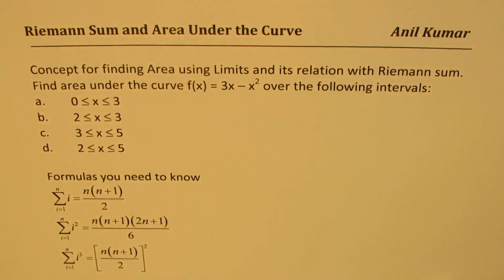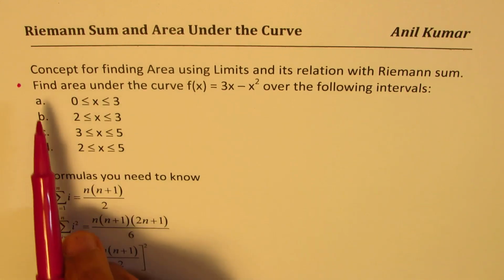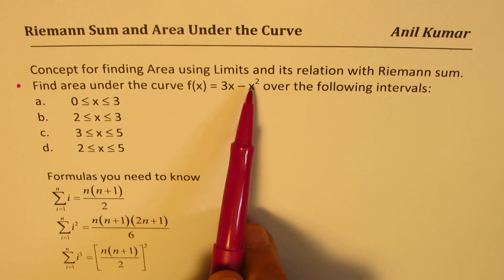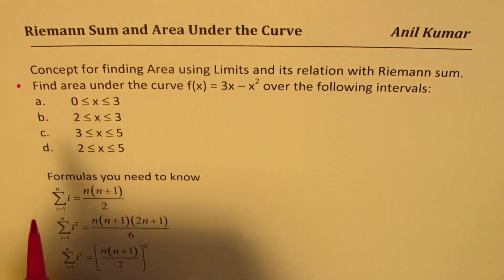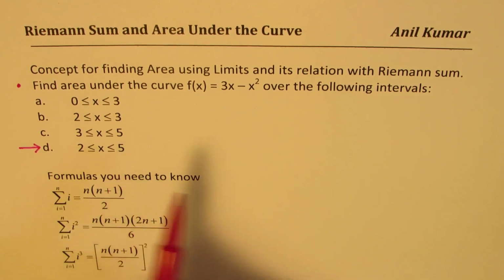Now let's try to understand what the question is and how we are going to solve it. Your question was basically this: find the area under the curve f of x equals 3x minus x squared over this interval, using limits.